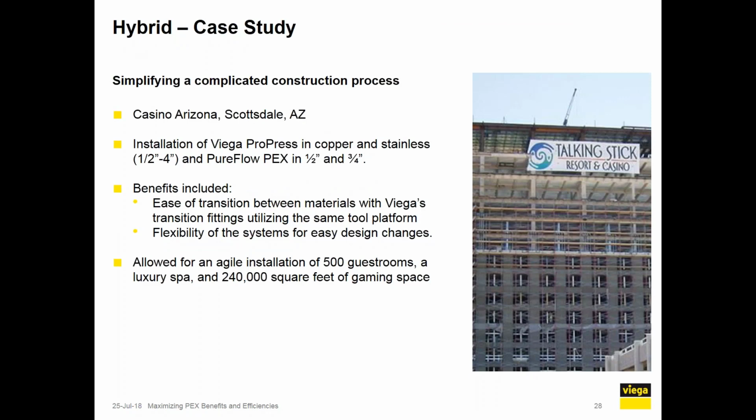Here's a case study in Scottsdale, Arizona, where they had an installation of Viega ProPress as well as PureFlow PEX, and the benefits included they were able to transition between these materials very simply with the same tool platform.